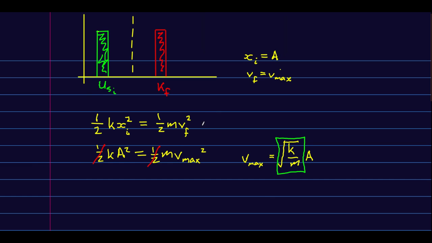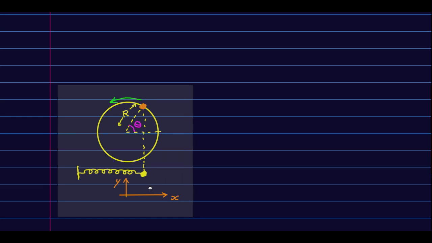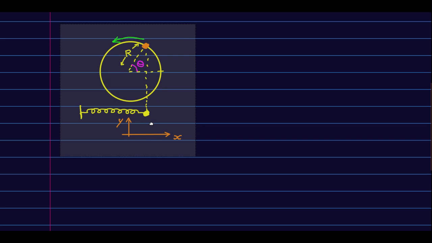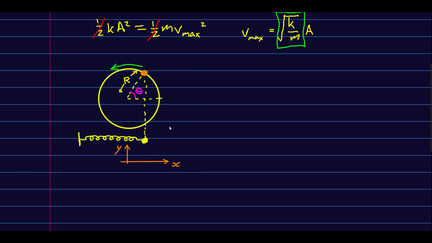The way we're going to do that is we're going to use our previous observation that we can set up a circular motion that matches the motion of the mass on the spring. What that means is that at any time, the x component of the position of the mass on the spring is equal to the x component of the position of this thing going around in the circle.